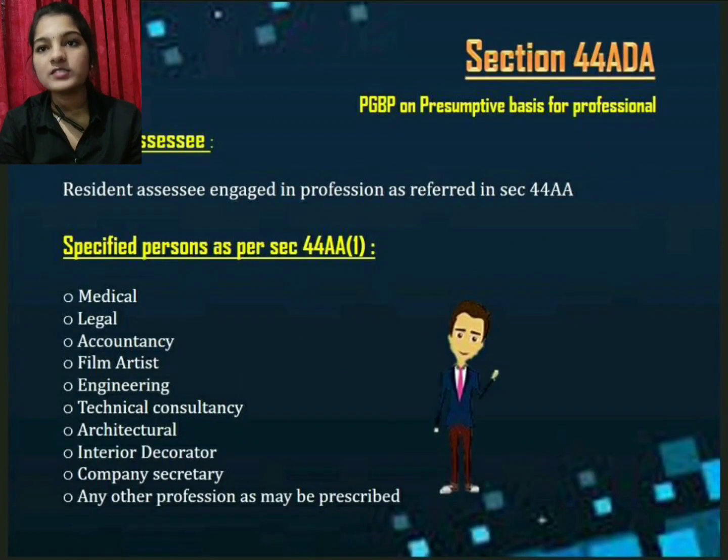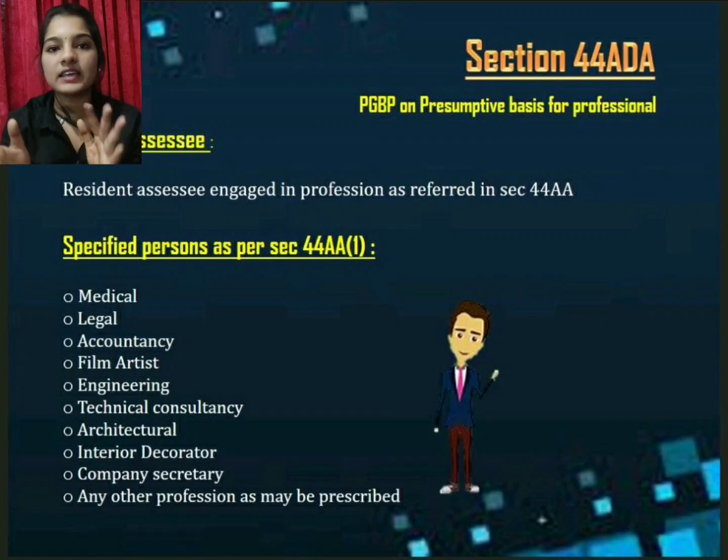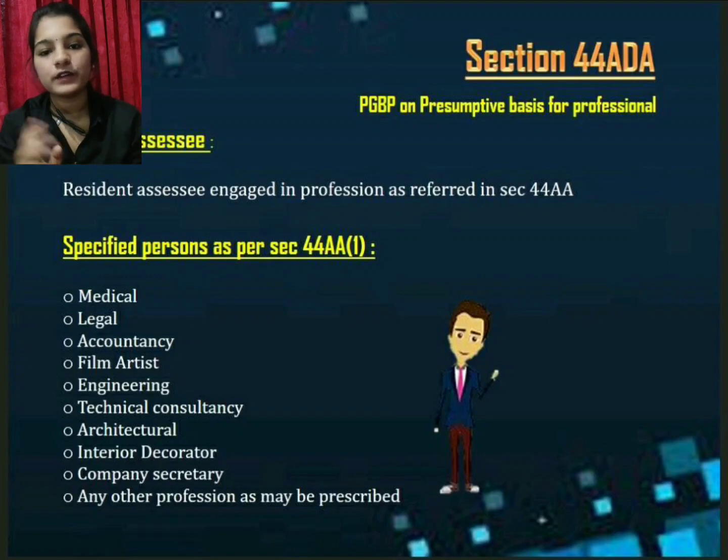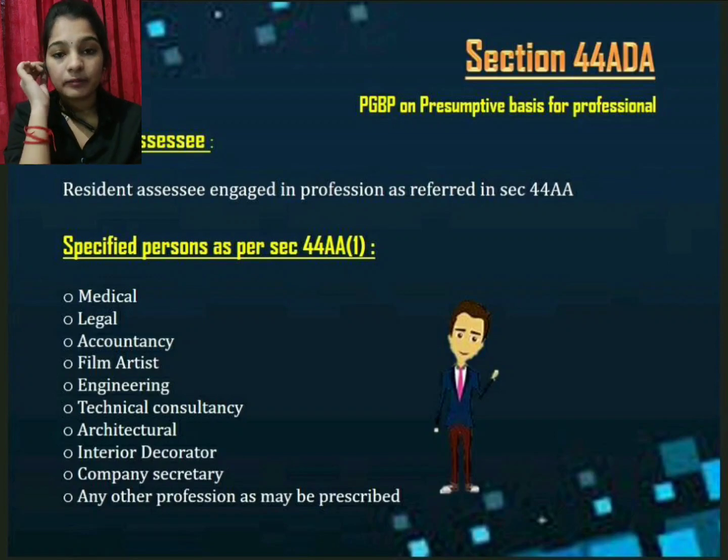Now let's move on to section 44ADA. This section is applicable for professionals. Who is an eligible assessee for this section is not clearly specified in the section. They just mentioned that he should be a resident assessee engaged in a profession as referred in section 44AA.